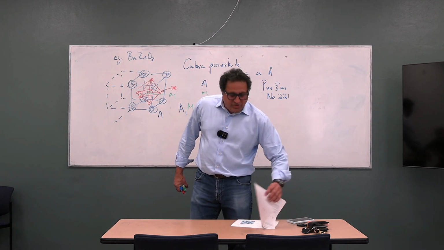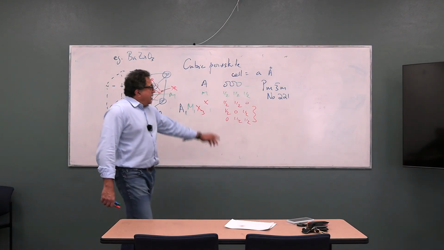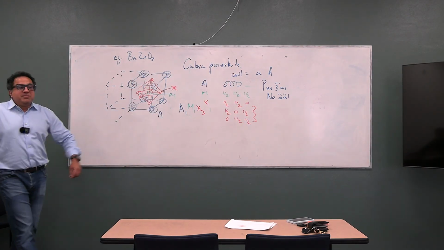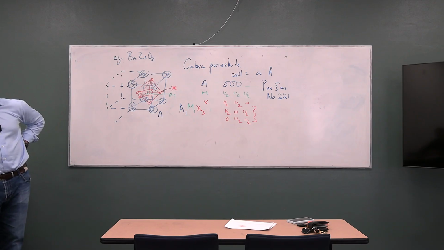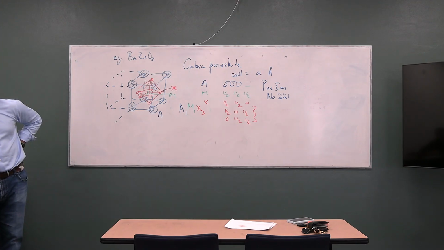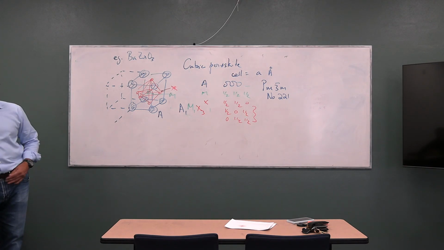Okay, and I'll tell you what we're not going to do. By the fact that that's space group number 221, you may guess that there are a lot of space groups. There are, in fact, 230, right? So obviously, we're not going to learn how 230 space groups work. We're going to learn how a few work.